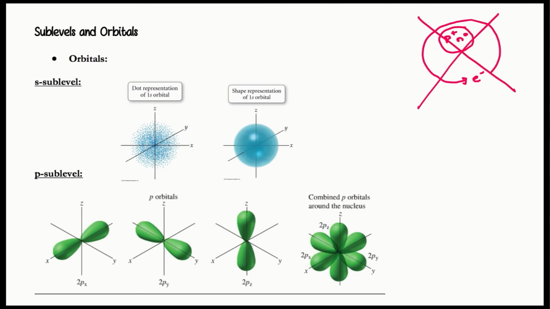Electrons do not rotate around the nucleus, and instead they exist in what are called orbitals. Orbitals are regions where electrons are most likely going to be found. One such region is the s orbital.